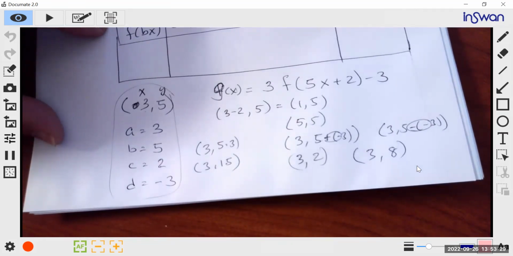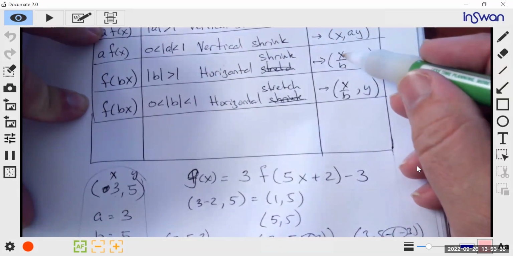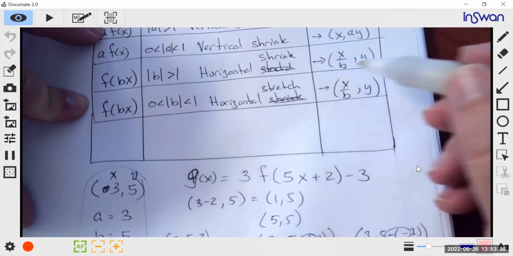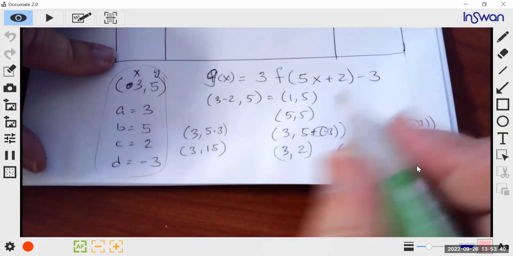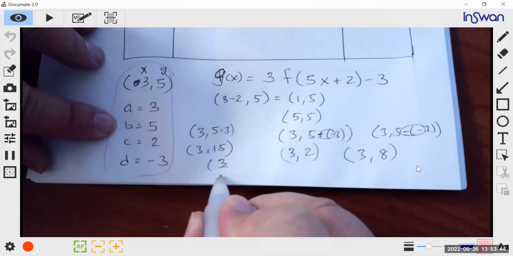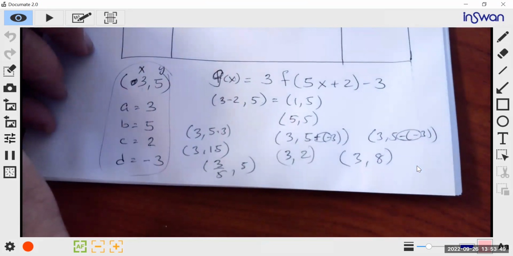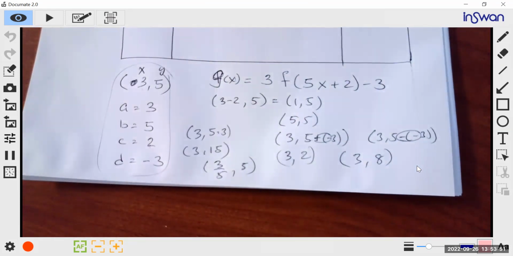And how would you do the horizontal shrink or stretch? Yeah, it's whatever your x value is divided by b. So horizontally, it would be 3 divided by 5, comma 5. That tells you your new points.